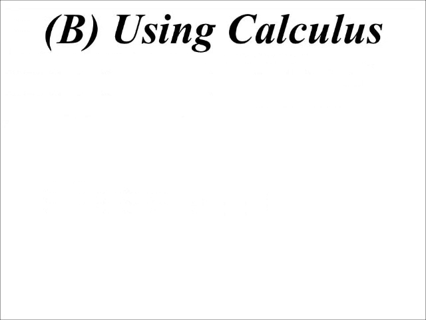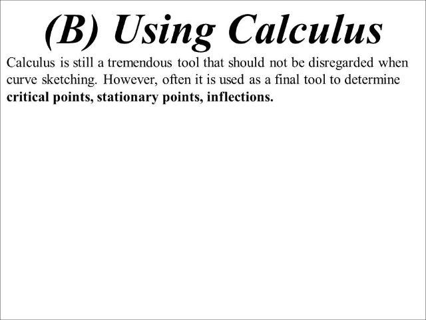Don't forget calculus though. We've done all this work on calculus in this course. This actual topic originally was curve sketching without using calculus. Still a really good tool that can be used. So if you're unsure, you can find your stationary points, your critical points, your inflection points. Yep.